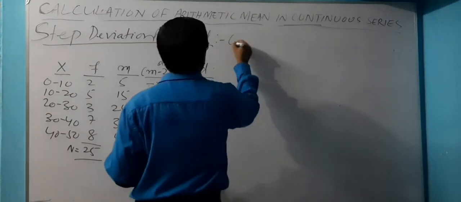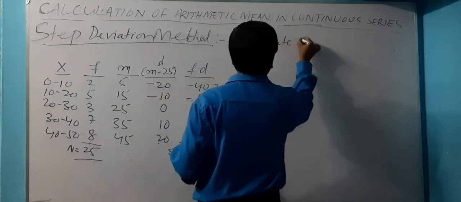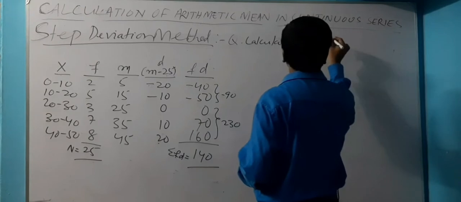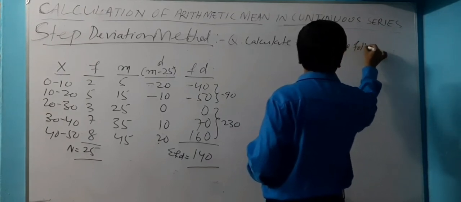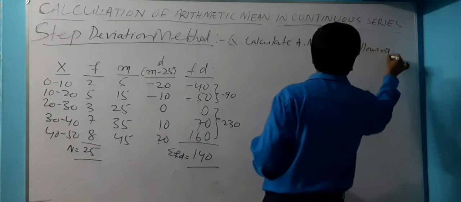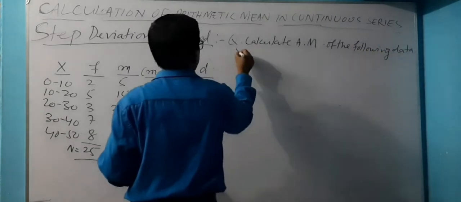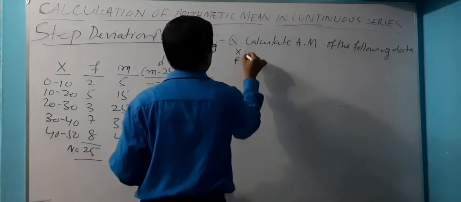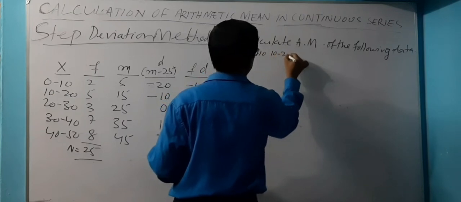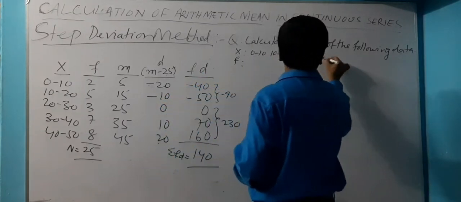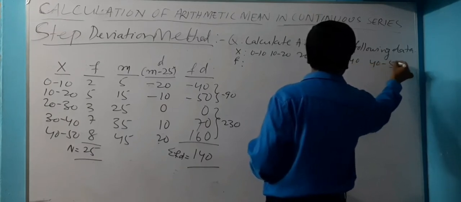Calculate arithmetic mean of the following data. Take X, F. X: 0 to 10, 10 to 20, 20 to 30, 30 to 40, 40 to 50.